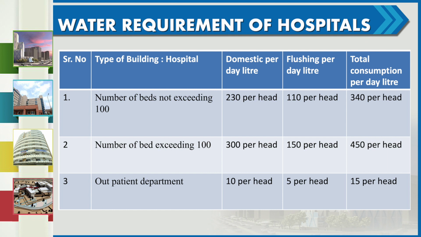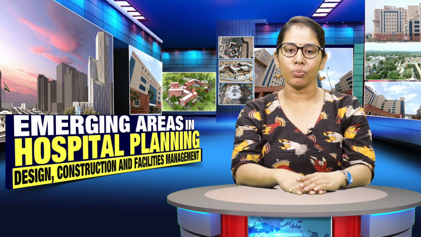For beds exceeding 100, it will be 300 per head, 150 per head and 450 per head respectively for the categories as mentioned above. And for outpatient department, it will be 10 per head, 5 per head and 15 per head respectively.